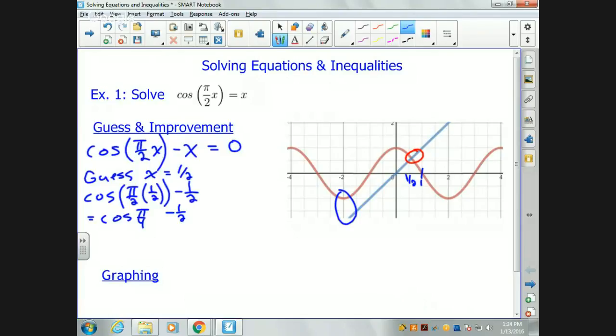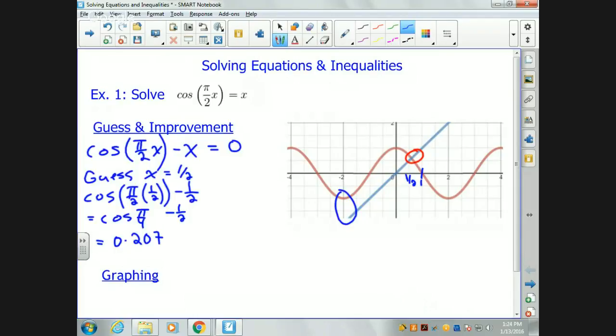We subtract 1/2 from that. It's probably a good idea to go to approximate values. If you plug that into your calculator, you should get approximately 0.207. That was our first guess. And yes, definitely in radians.